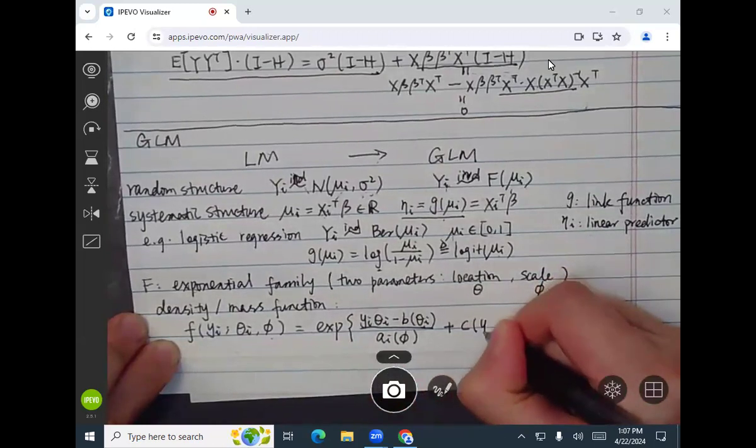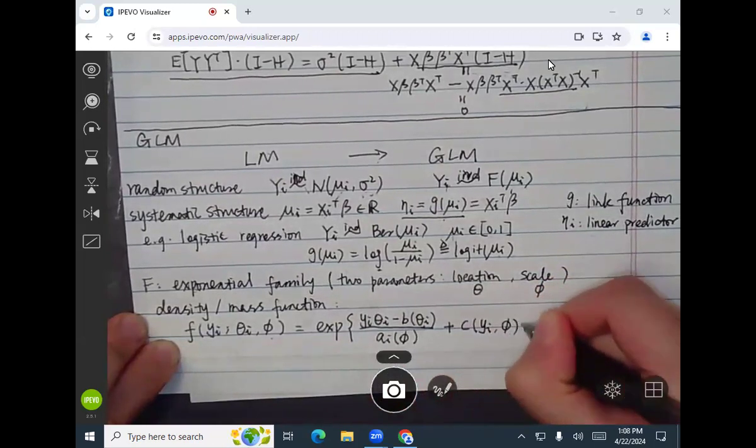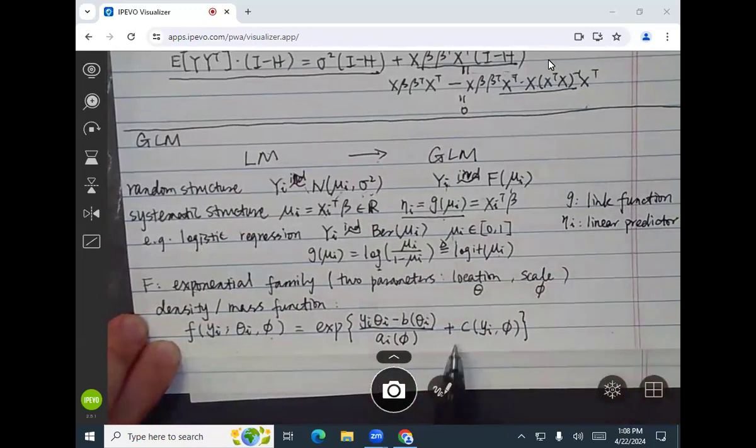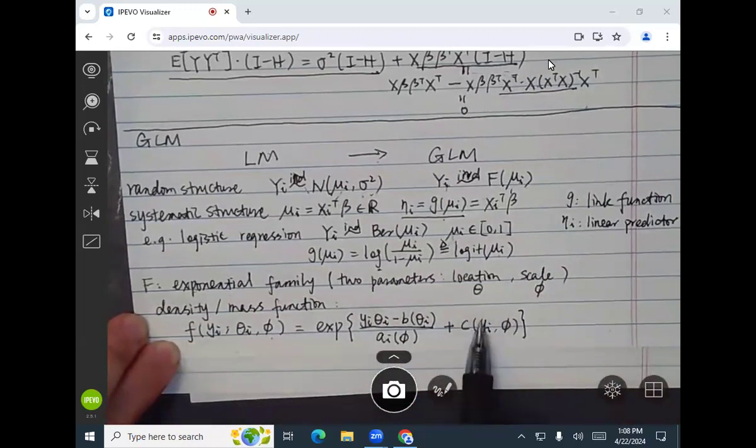C of yi and phi. So the key thing about the exponential family is that this normalization constant does not involve theta i. That's a very important part of this definition. You may find this definition a little bit abstract, but basically it's a very general form to unify the common distributions.